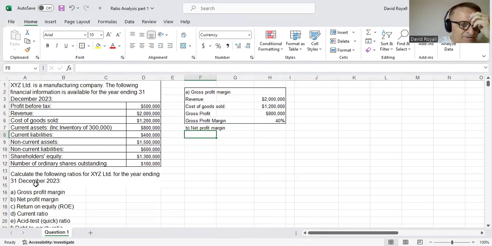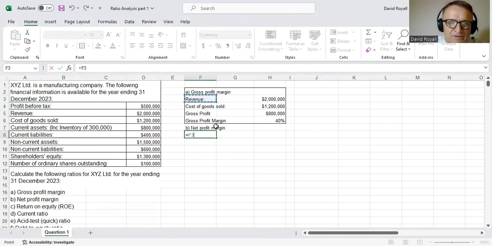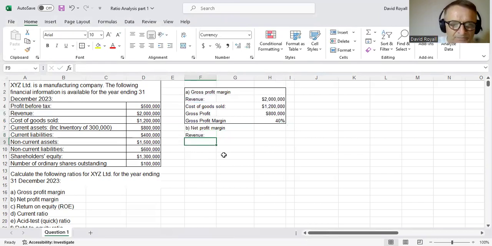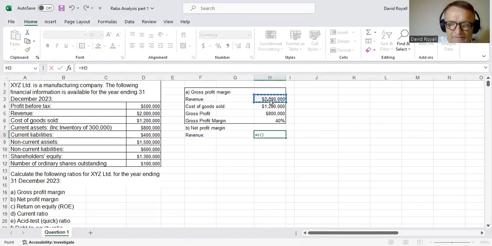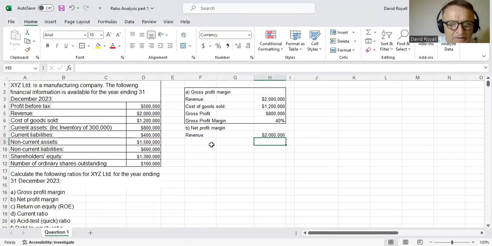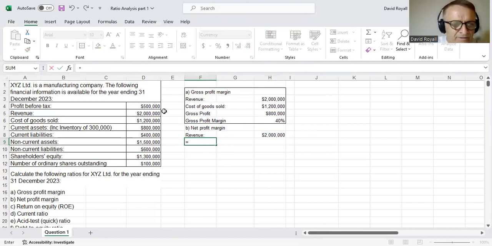Now, as I said, it looks fairly simple because we're actually told what the profit is. It's 500,000. All right, well, what's the revenue? That's no different to what we had before. And what is the profit?